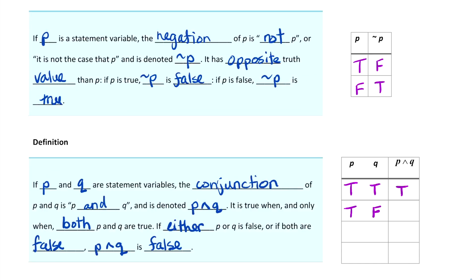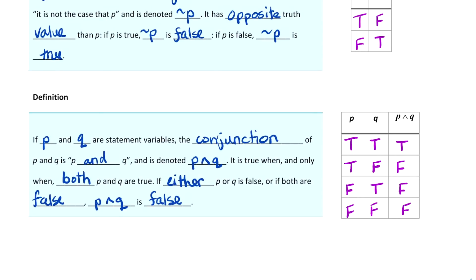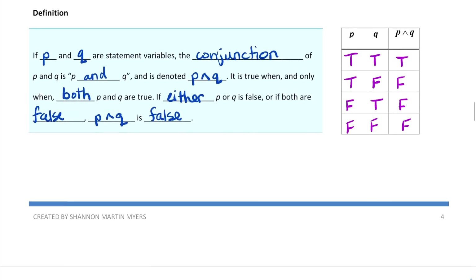So that would make the conjunction of P and Q false. Then you go into the case where P is false, Q is true. That would make the conjunction false. And then if they're both false, the conjunction is also false. And what we're going to do is use these truth values in order to see if something is logically equivalent. That's where we're headed.